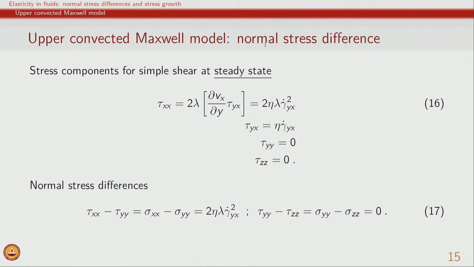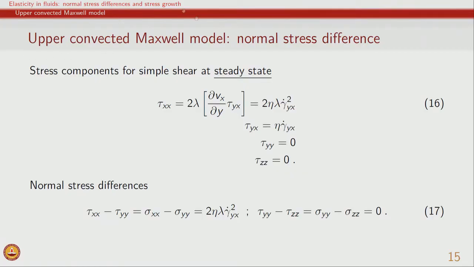So, we should not be surprised that there are far more complicated models which are available in either computational packages or in terms of deriving some of the behavior of either colloidal systems or macromolecular systems, because even a more complicated model like upper convected Maxwell model shows that normal stress arises, however, shows that there is no shear thinning, shear thickening, and similarly it also shows that not all three normal stresses are non-zero.